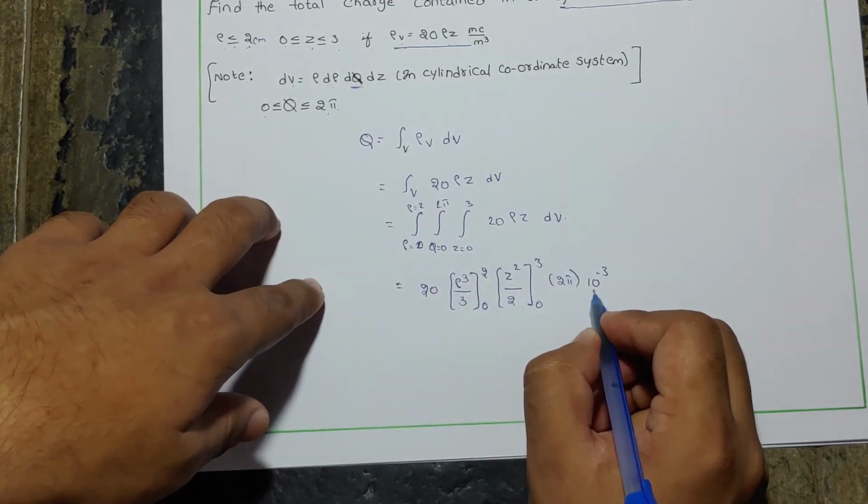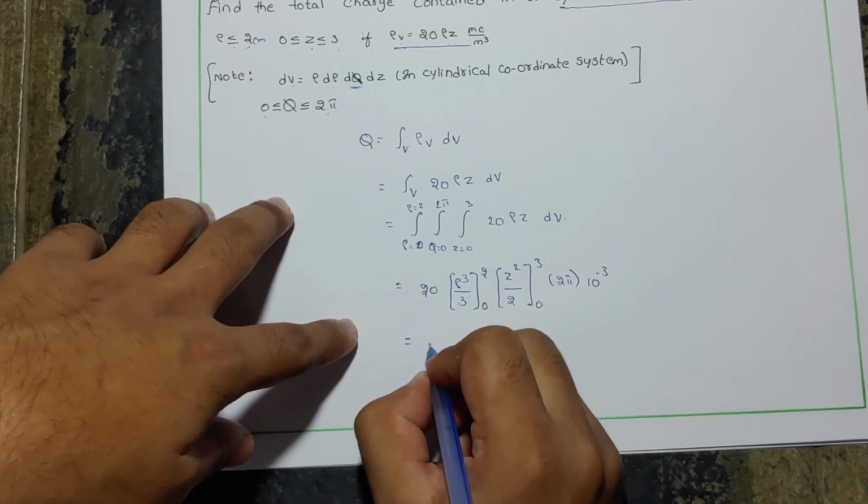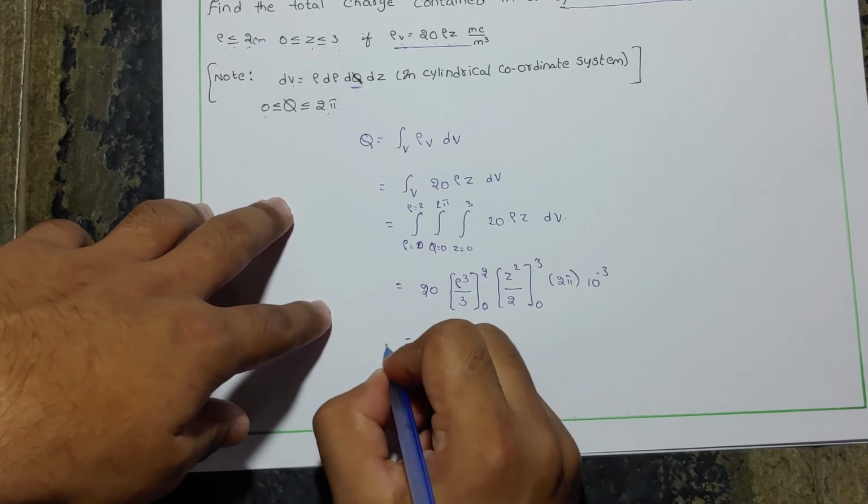We have to convert it into meters, and it is equal to 1.51 coulombs.